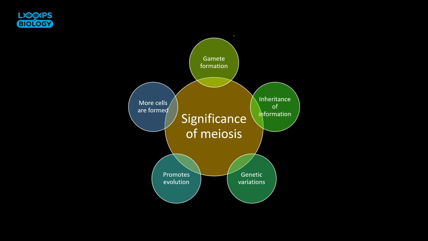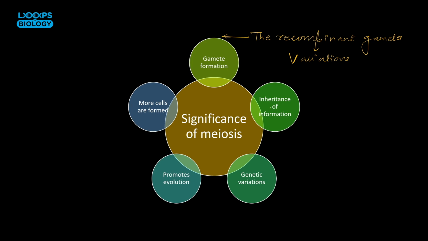That is, it is helpful in gamete formation. In gamete formation, the recombinant gametes can lead to variation. All right, there will be inheritance of information.